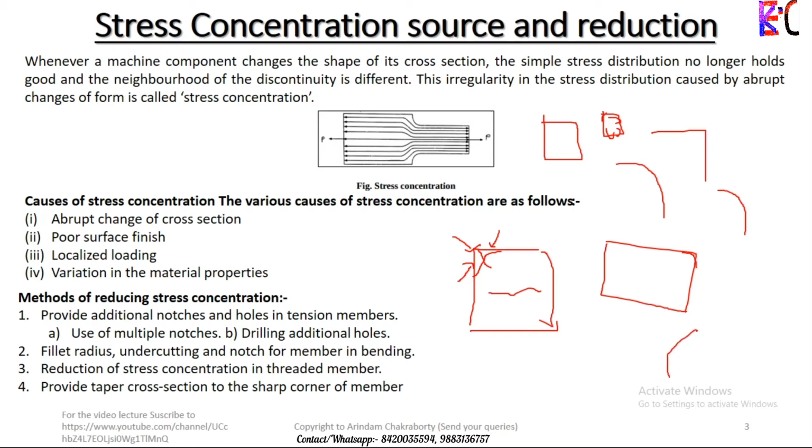But I'll come to that another day: for what purpose I can use a fillet and for what purpose I can use a chamfer. A fillet is nothing but changing this pointed surface to a curvature. Now, why is it so important? Why a curve and not other things? The most important thing is that the most stable structure in the entire universe is a round.